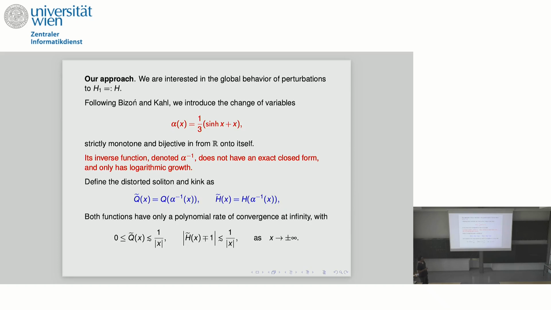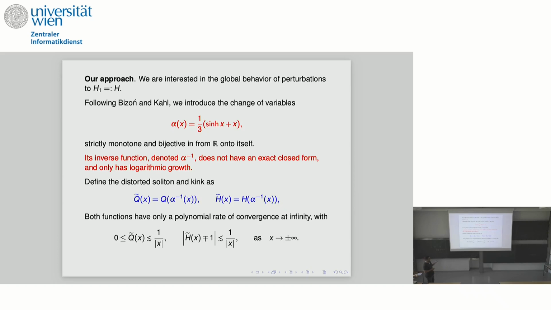Alpha minus 1 is the inverse, but it's not explicit. It is a function with logarithmic growth, and then the soliton can be composed with this alpha minus 1, and that's going to be called tilde Q, and tilde H will be the kink H composed with this change of variable alpha minus 1.